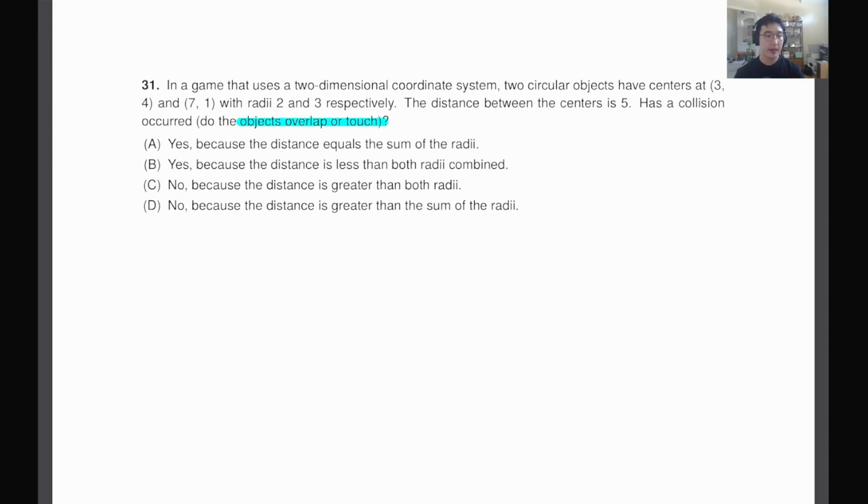Okay, and we have a couple of pieces of information. We have a circle at 3, 4 with a radius of 2, and we have a circle at 7, 1 with a radius of 3. And we're told the distance between the centers is 5.